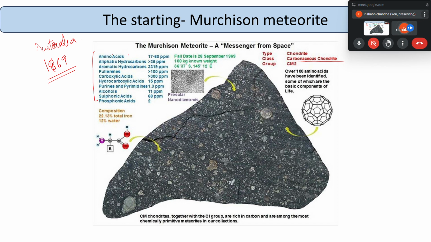Many kinds of amino acids, aliphatic and aromatic hydrocarbons, fullerenes, carboxylic acids, hydroxycarboxylic acids, purines and pyrimidines, alcohols, sulfonic and phosphonic acids were found when it was chemically tested. So this suggested that there is something in outer space due to which life came on Earth.